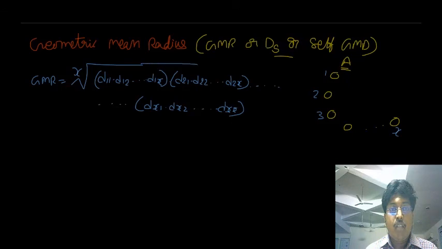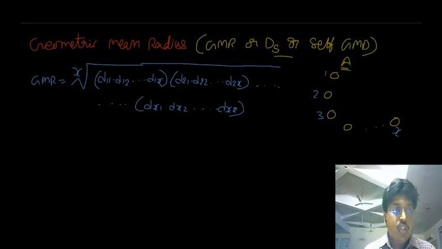So this is the mathematical expression of geometric mean radius. That is, the geometric mean radius is the geometric mean of distances between each strand of one conductor to the other strands of the same conductor.